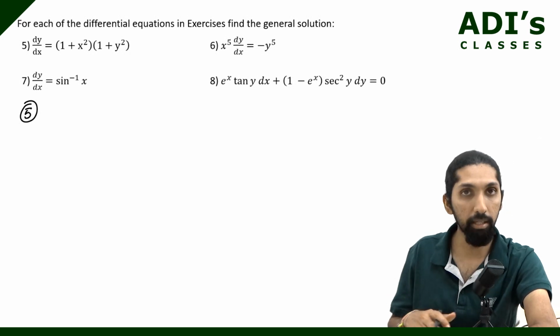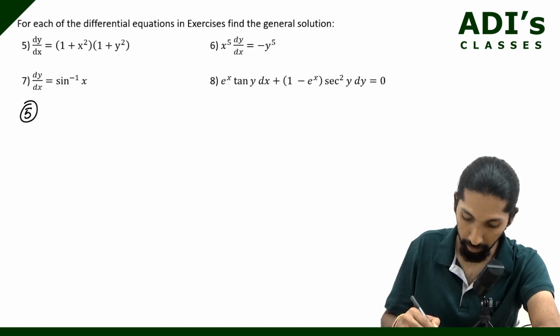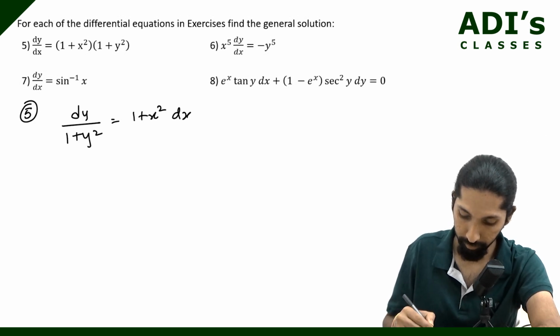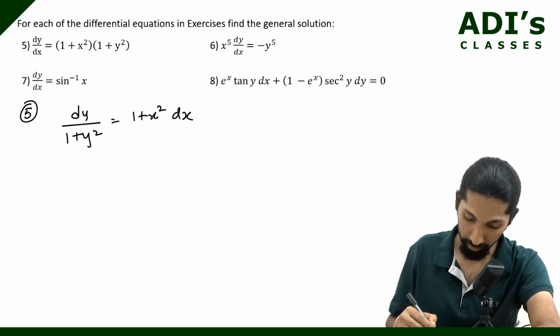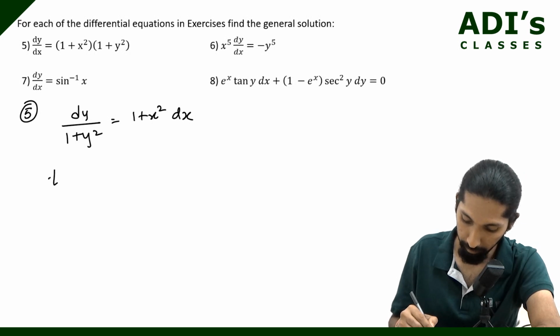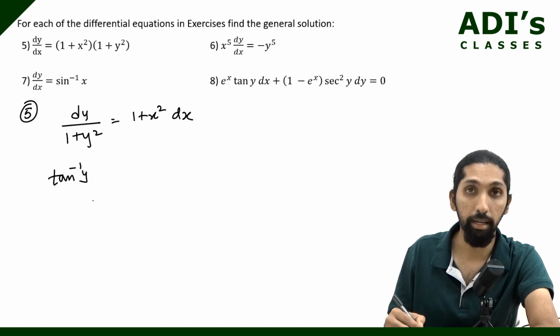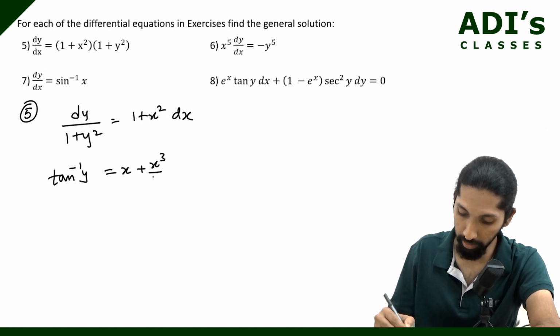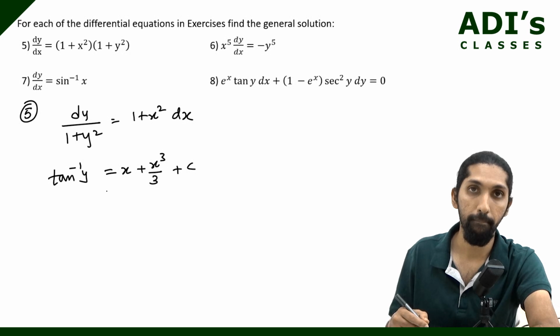Again, guys, separate the variables, okay? dy divided by 1 plus y square is equal to 1 plus x square dx. Right? Integrate. Integral of dy divided by 1 plus y square, what is this one? Tan inverse of y. Correct? Is equal to x plus x cube by 3 plus c.